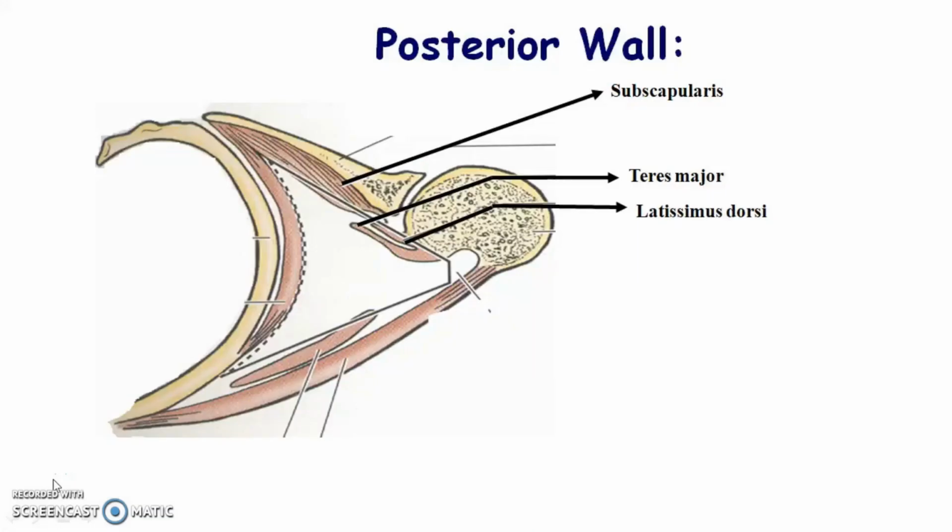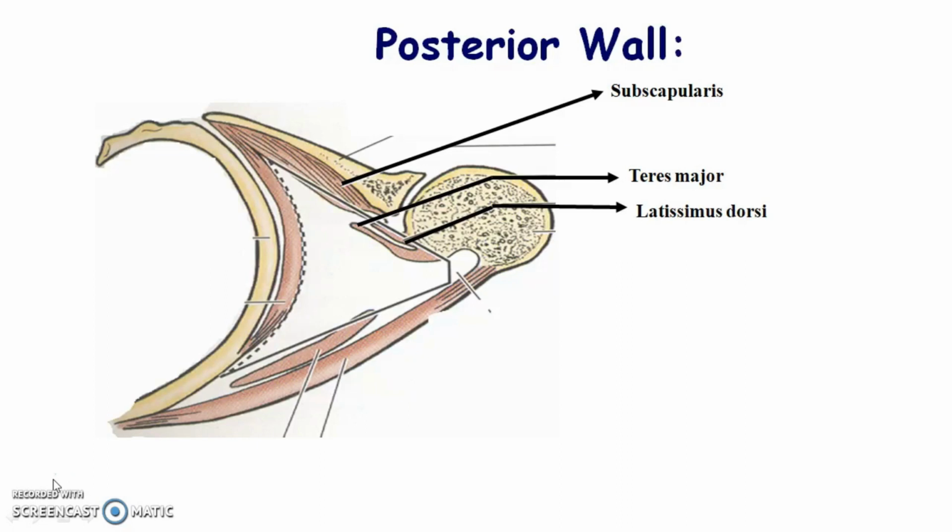Now we will move on to the posterior wall of the axilla. In the posterior wall of the axilla, again it will be having some boundaries made up of muscles. Those muscles are the muscles that get attached to the scapula. You already know we have a bone present in the posterior aspect of the axilla, that is the scapula. So the anterior surface of the scapula, which gives attachment to the subscapularis muscle, is going to form the posterior wall.